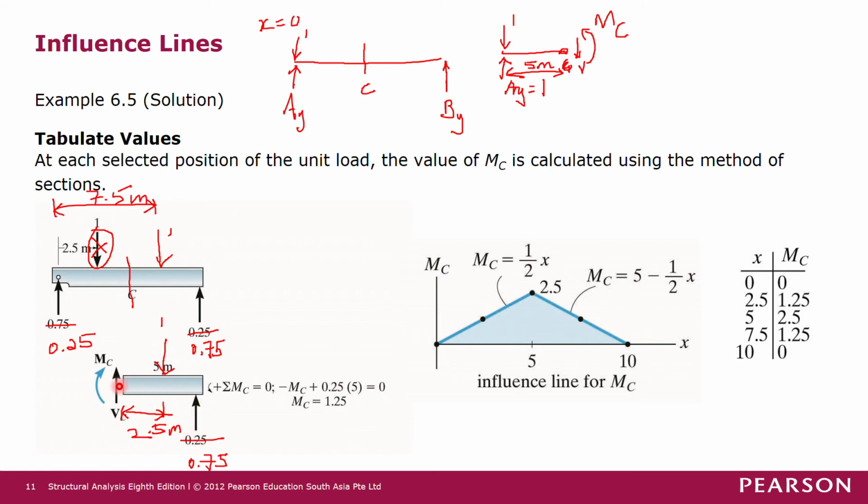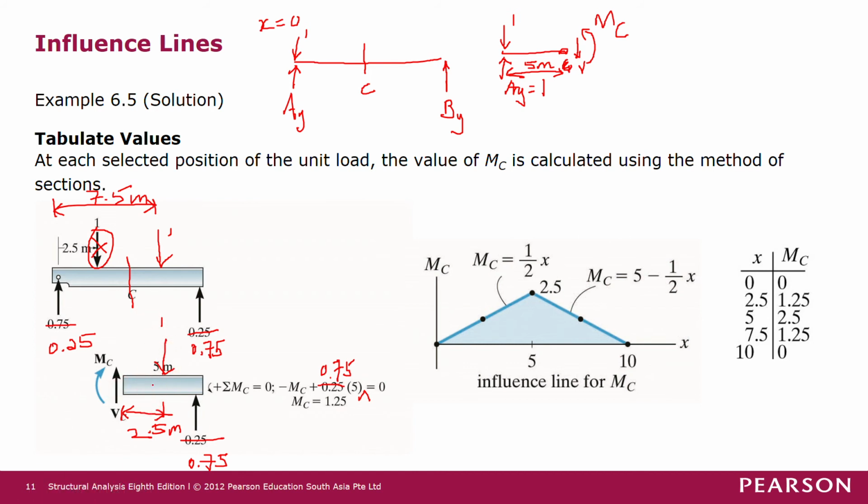So if we sum moment here, we are going to get minus MC, and then we have this 0.75 force at 5 meters away. So this becomes 0.75 times 5, and then we have another term from the 1 kilonewton force. This 1 kilonewton force has a moment arm of 2.5 meter from joint C here, and it is a clockwise moment.